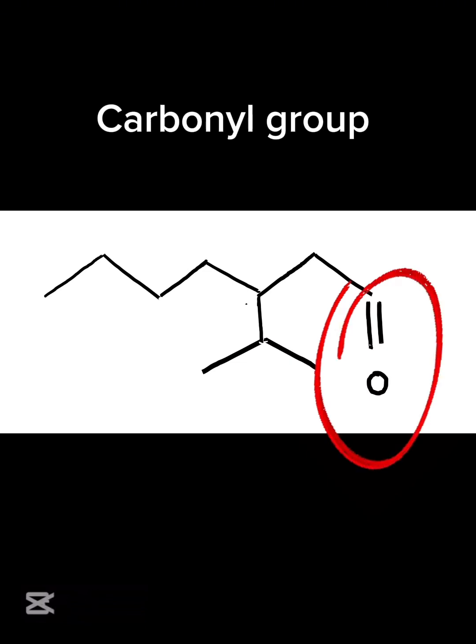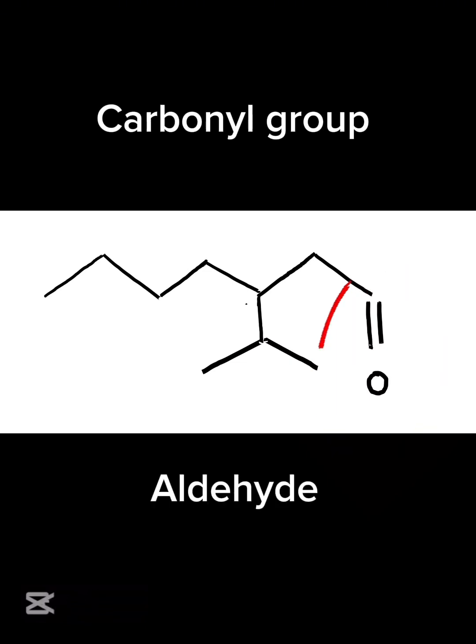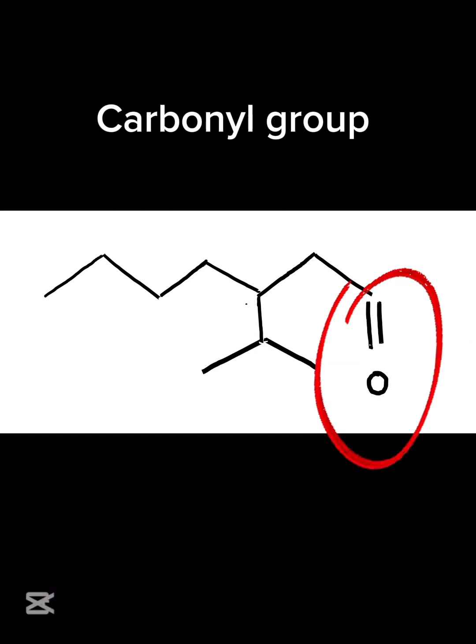For letter E, it's a carbonyl group because there is a carbon atom double bonded with an oxygen atom. Aldehyde because the carbonyl group is at the end of the carbon chain, and it also means that the carbonyl carbon is bonded to one hydrogen atom and one other carbon atom.